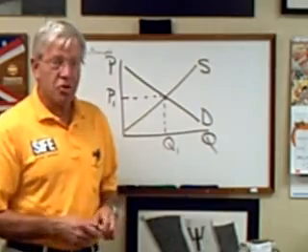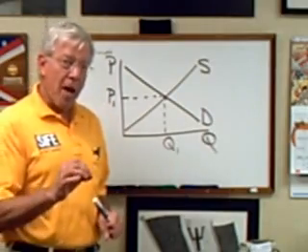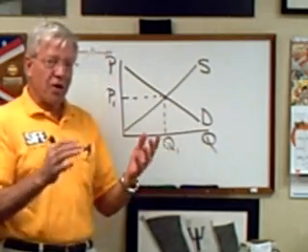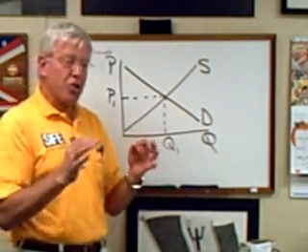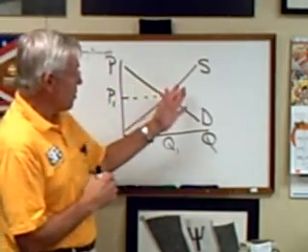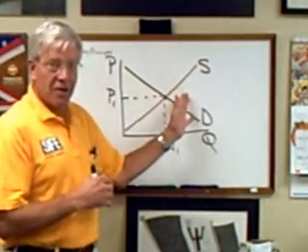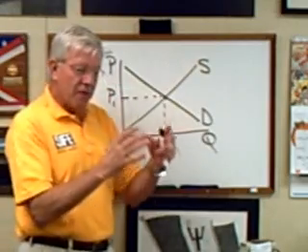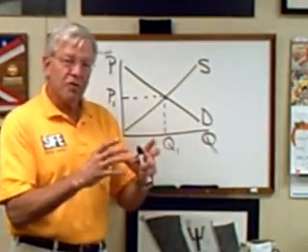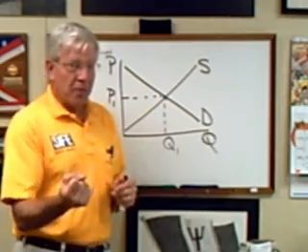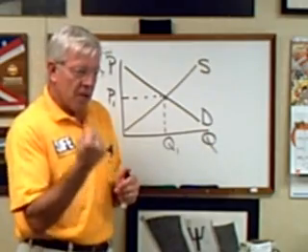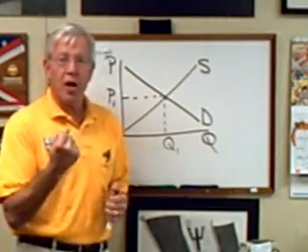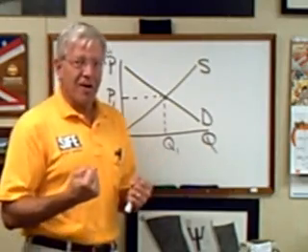Now, sometimes things can change. Demand can change or supply can change. And your textbook gives you what I call demand shifters, things that will cause the entire demand curve to change. Let's say, for example, that we have some food item and all of a sudden the Food and Drug Administration comes out and says, eating this particular item will improve your health and your vigor.